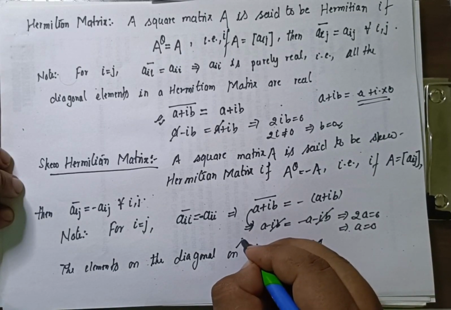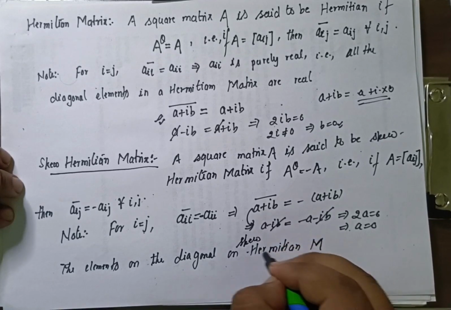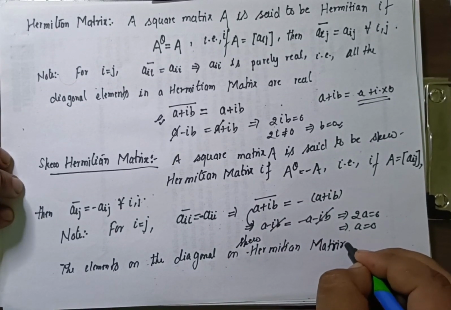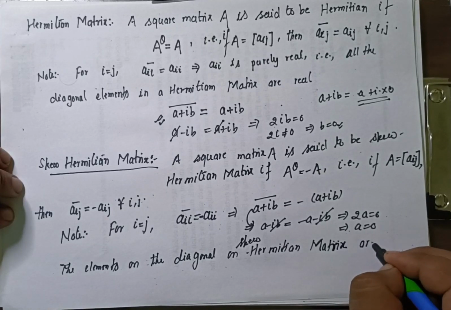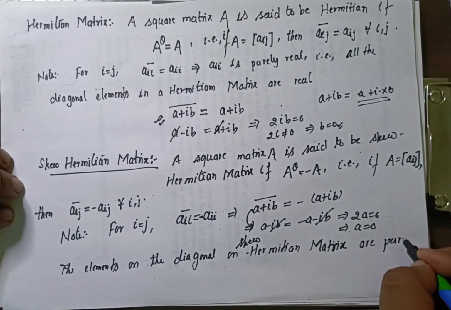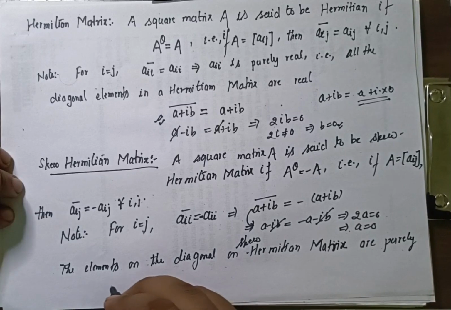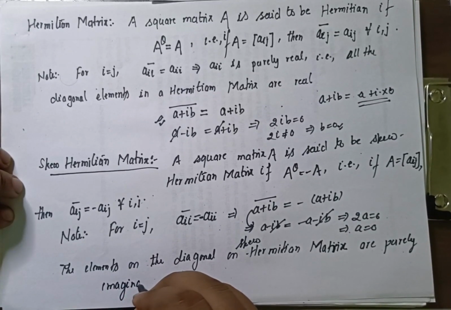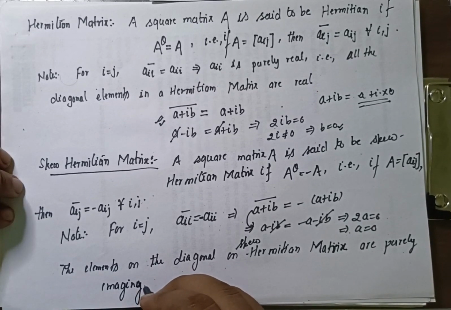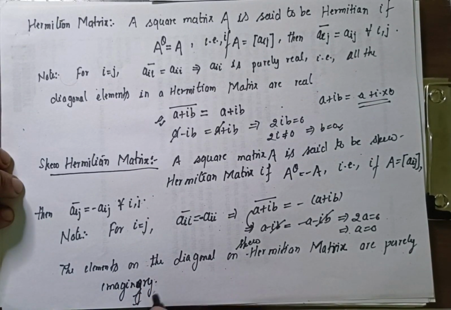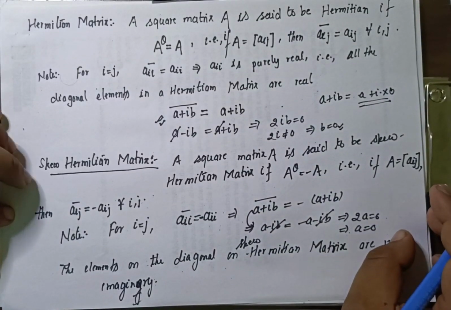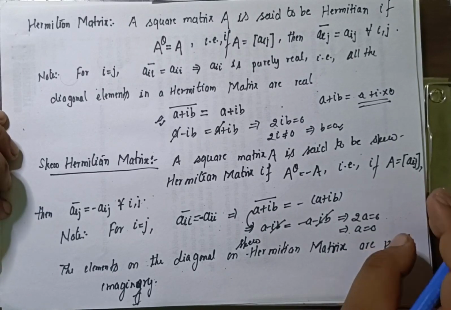Purely imaginary, the real part will be 0. That is, the real part will be 0 in case of a skew Hermitian matrix.